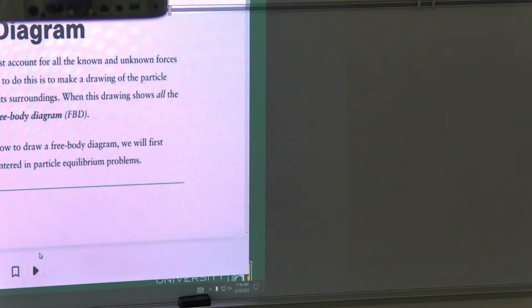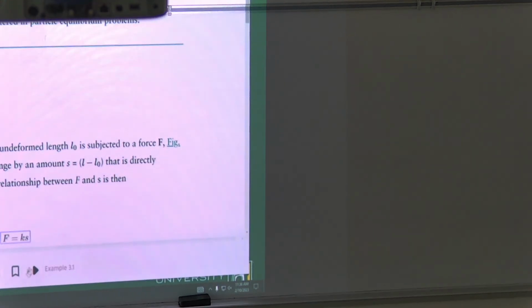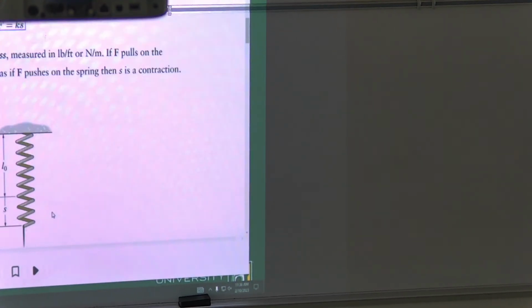The next thing he talks about is the free body diagram. This is where imagination comes in. Oh, then he goes into springs. I don't know why he does that right here, but we'll go ahead and oblige a little bit. So on this, he's got some springs.